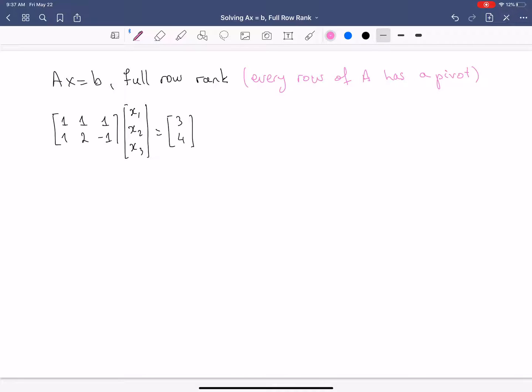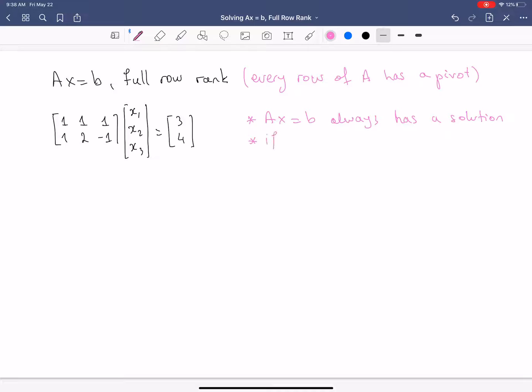So in this case, Ax equals b always has a solution. And the uniqueness of the solution will again depend on whether or not A has a null space.